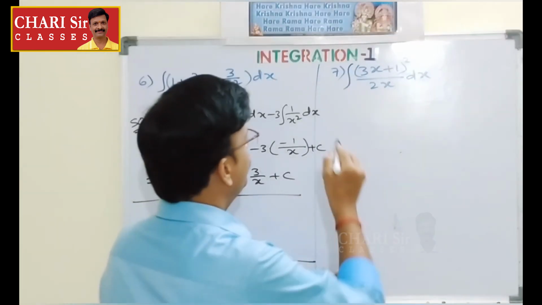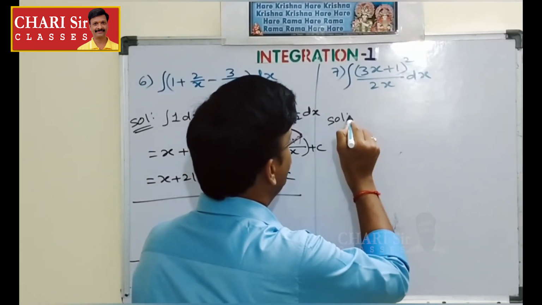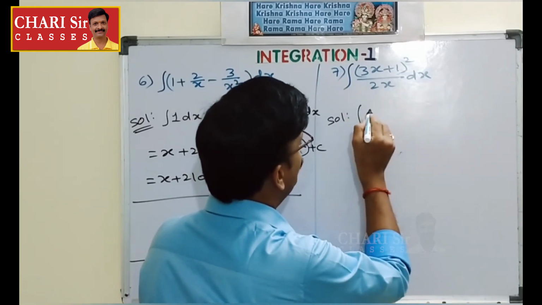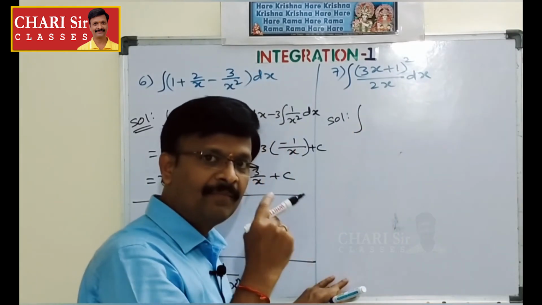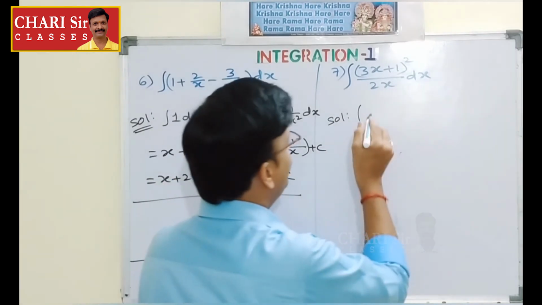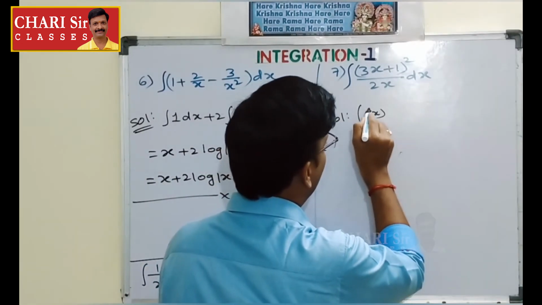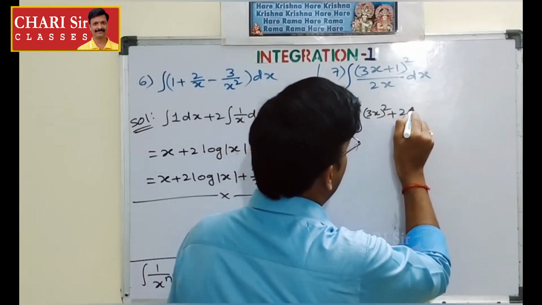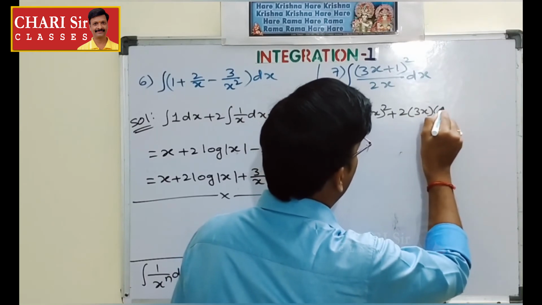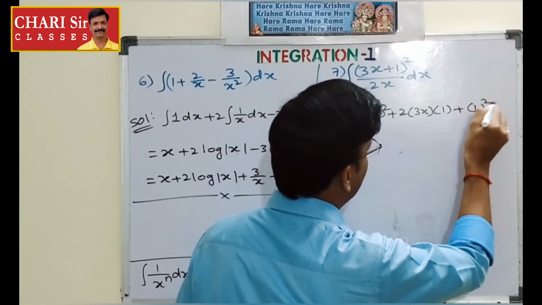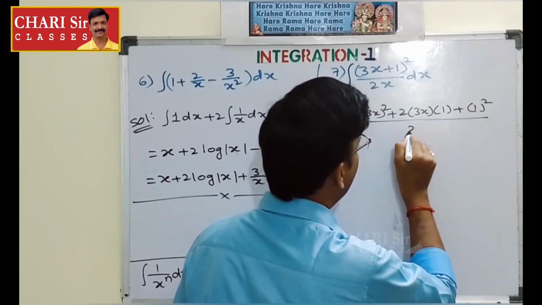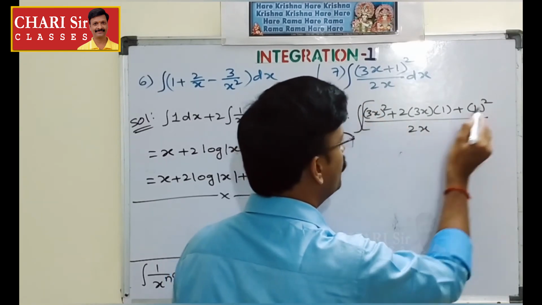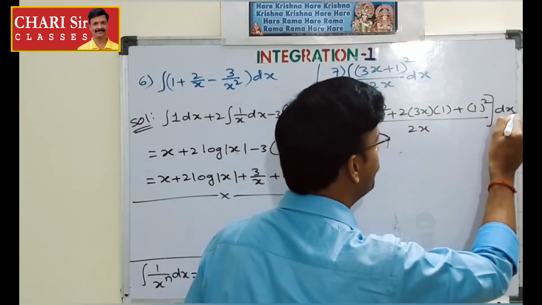So for that we write here integration of (3x plus 1) whole square, that is a square plus 2ab plus b square. We'll write it here: (3x) whole square plus 2 into 3x into 1 plus 1 whole square, total divided by 2x, for this total dx.